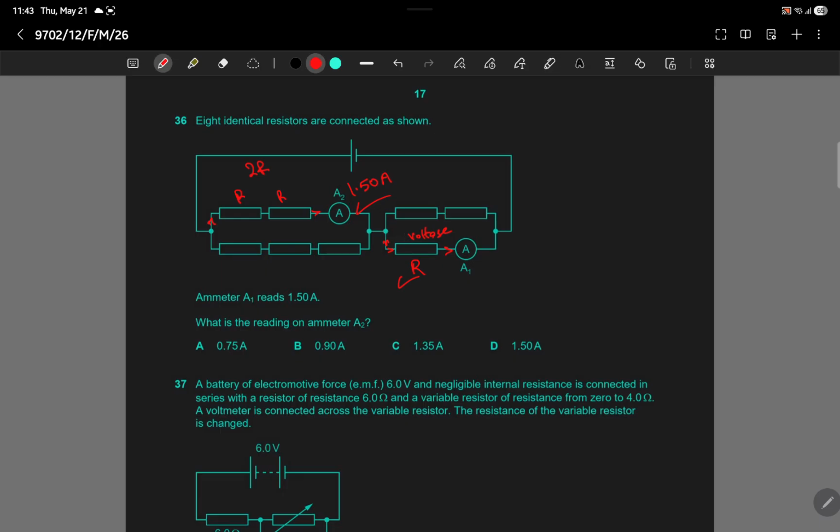So if you write this in an equation, your 1.5 amps multiplied by R, this part R, will be equal to the current on the left hand side, this part I, multiplied by 2R, because there are 2 resistances here, so 2R.